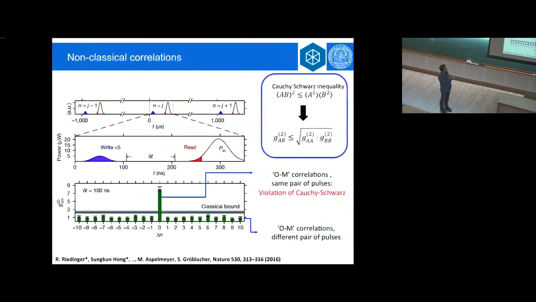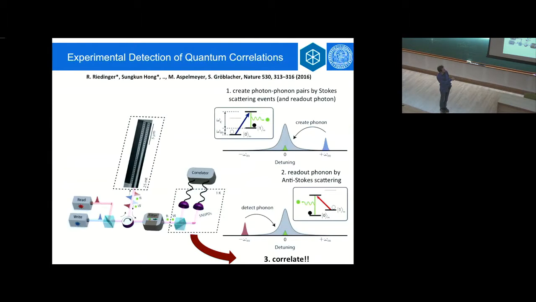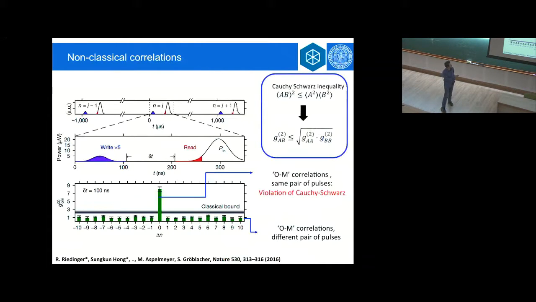One compares this, and this should set an upper bound on the correlations, where one would actually expect that a read pulse goes into one detector and a write pulse into the other. So one can infer this classical bound from these measurements, and then one sees that for a certain pulse here, this would be violated. So this shows a non-classicality in this kind of system. And if one, as a cross-check, does it between this blue pulse and this red pulse, for example, then one finds a very low value because you don't expect any correlation.